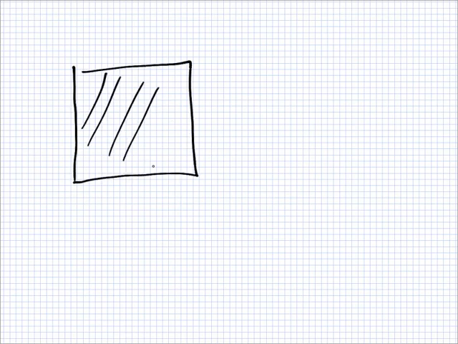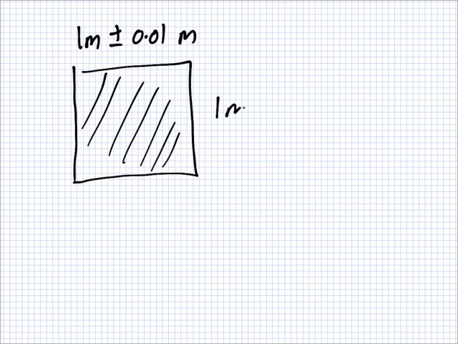Okay. Now, I'll give you a minute to try and figure this out. What you're doing here is calculating the area. You measure this side to be 1 meter plus or minus 0.01 meter, and you measure this side to be 1 meter plus or minus 0.01 meter. And this is the area here.